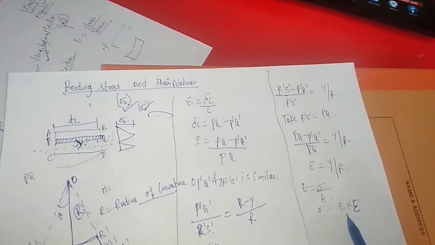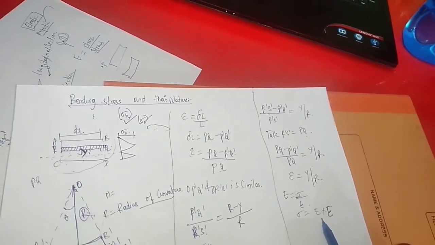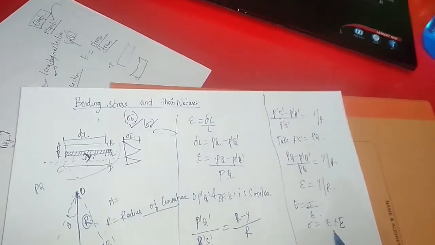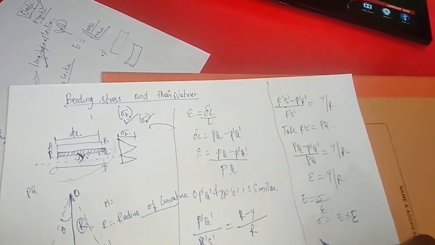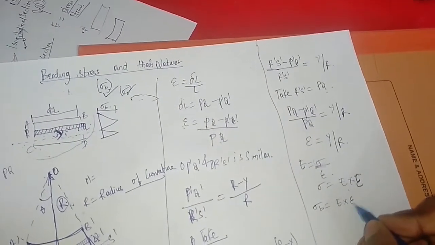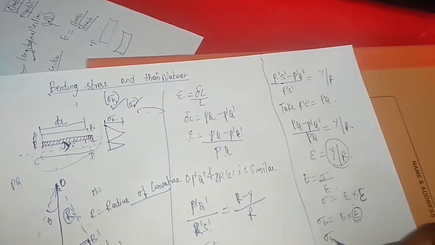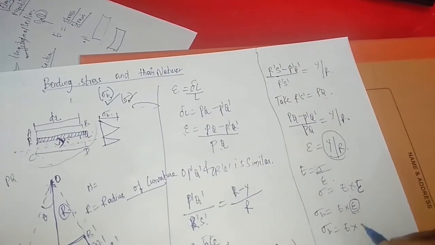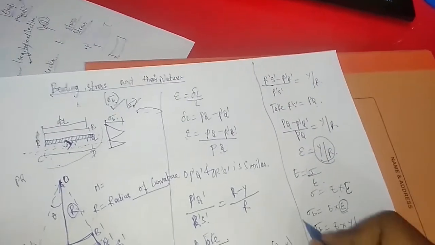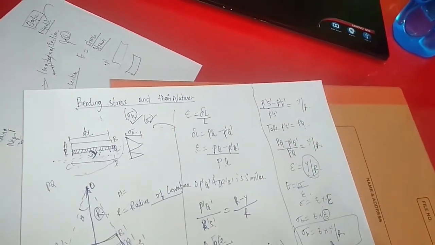So bending stress is equal to Young's modulus into strain. What is strain? It is Y by R. Substitute that: sigma B is equal to E into Y by R. So this is the equation for bending stress.